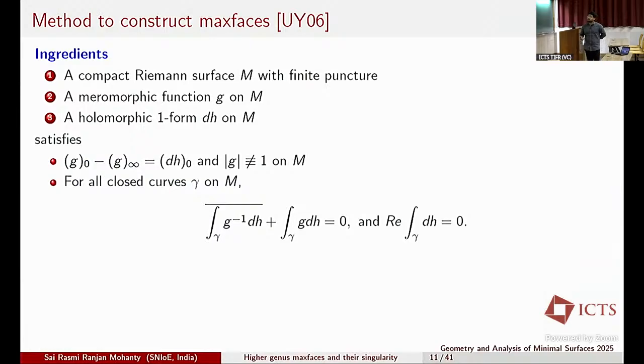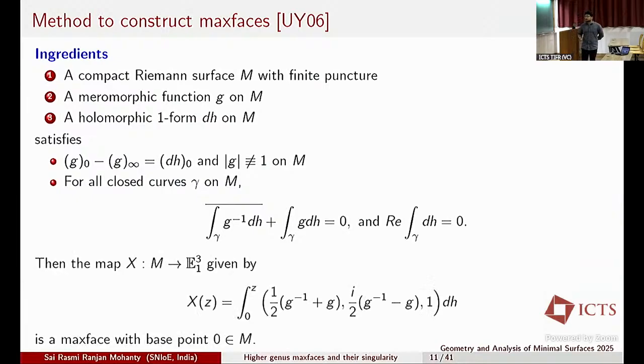First we need a compact Riemann surface with a finite number of punctures, and on this Riemann surface, we need a meromorphic function and a holomorphic one-form, such that they satisfy these conditions: the zero divisor of G minus the polar divisor of G equals the zero divisor of dh, and mod G is not identically 1 on this Riemann surface, and around any loop, this expression is 0, and the real part of this integration of ds equals 0. If we have such data, then this expression will give a Max space.